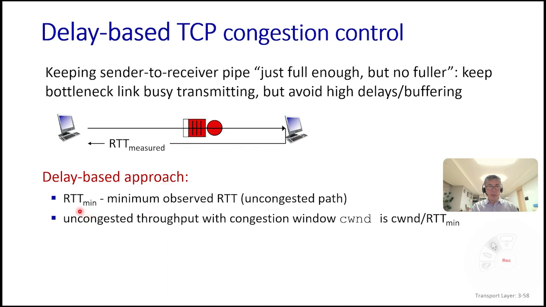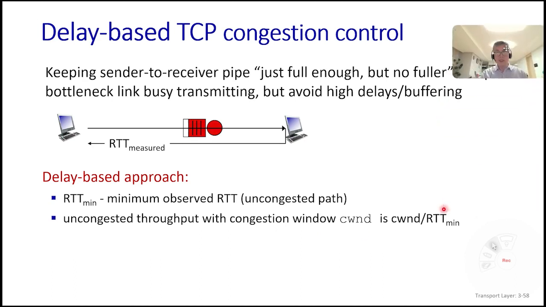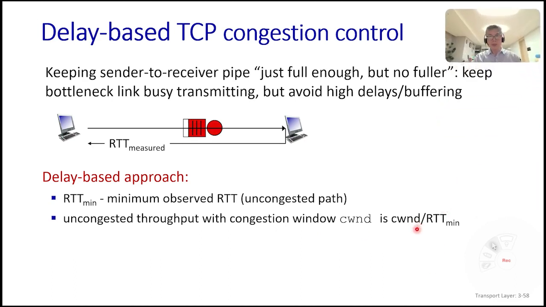We can define RTT min as the minimum RTT in the case of uncongested paths. The uncongested throughput with the CWND here is CWND divided by RTT.